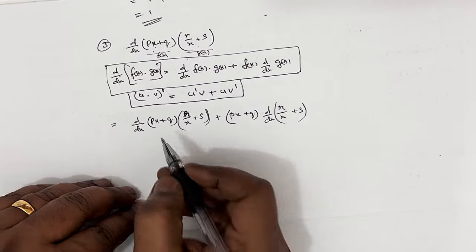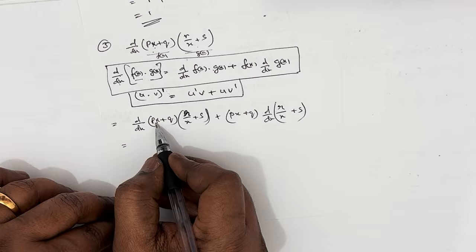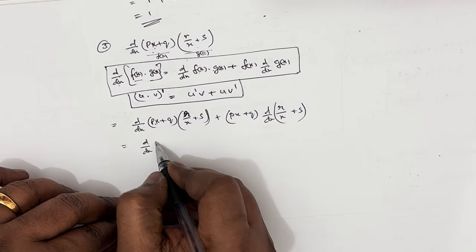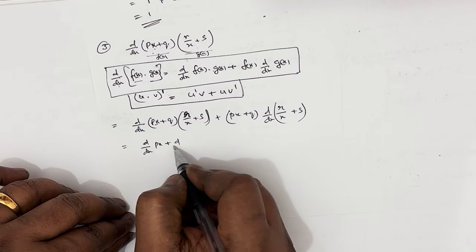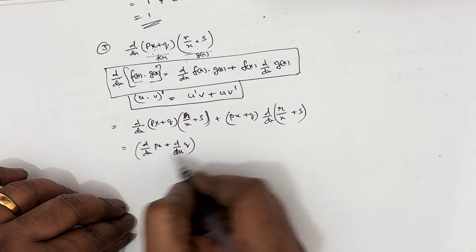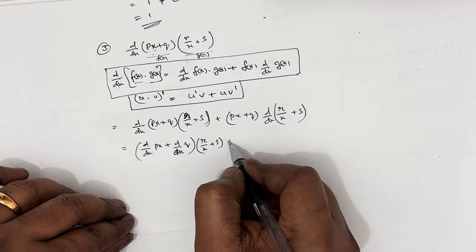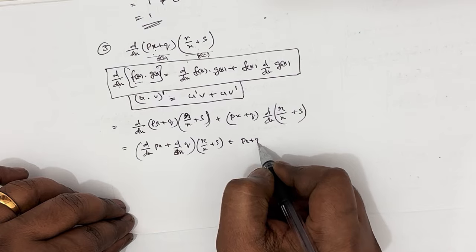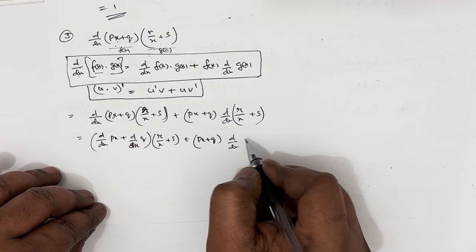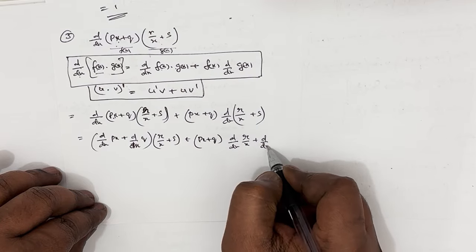Now let's distribute the derivative notations. So d by dx of px plus d by dx of q, multiplied by r by x plus s, plus px plus q, multiplied by d by dx of r by x plus d by dx of s.